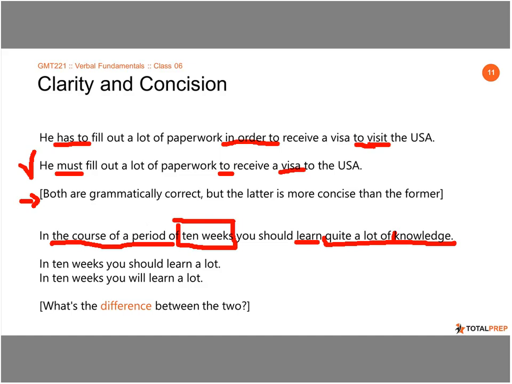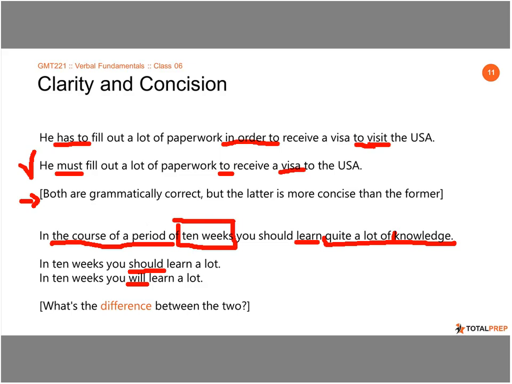Let's take a look at this one. What do you think about it? Do you think there's something wrong, or are they okay? Here we would change only the meaning, actually. Just imagine something like this. You are talking to your friends, and your friend says that in your course overseas, in 10 weeks you should learn a lot.